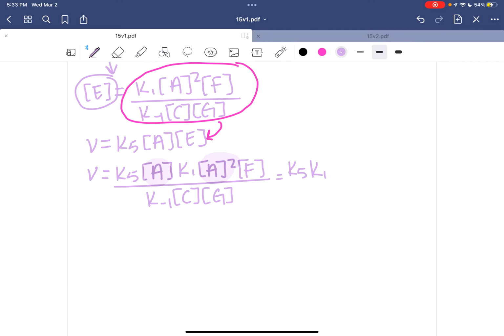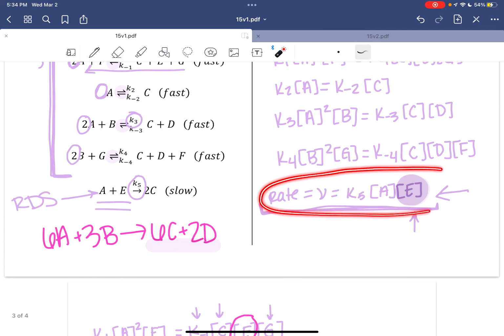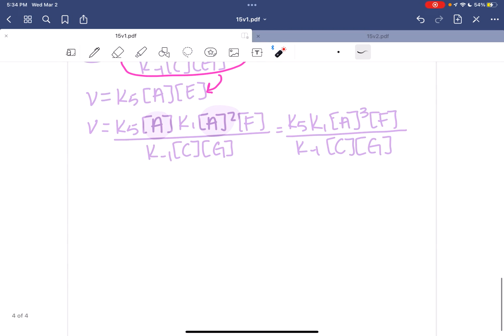It's still all multiplied together, times A now to the third power, times F, that's all over K minus 1 times C times G. So this is now our new rate equation. So instead of going back up and using this rate equation, now we're going to start using this as our rate equation because it's the updated version.